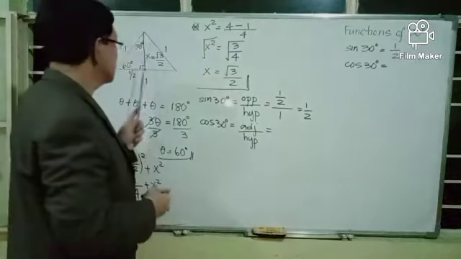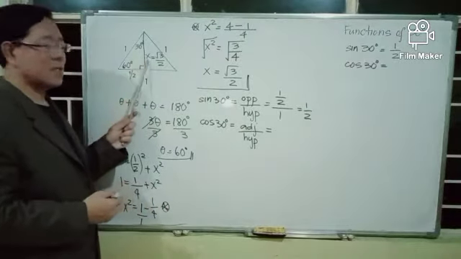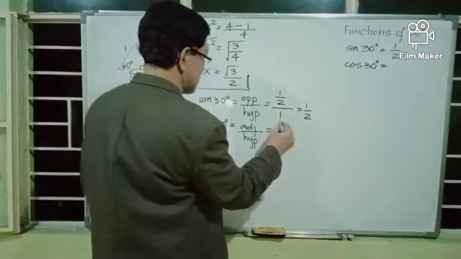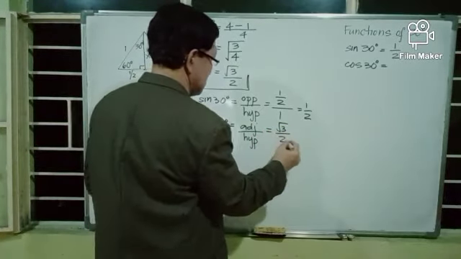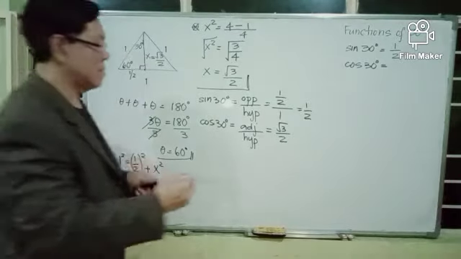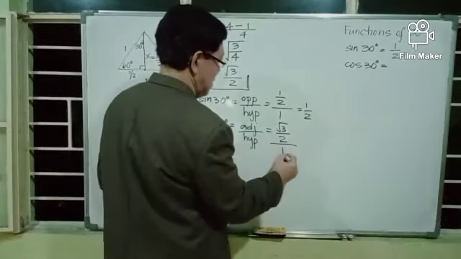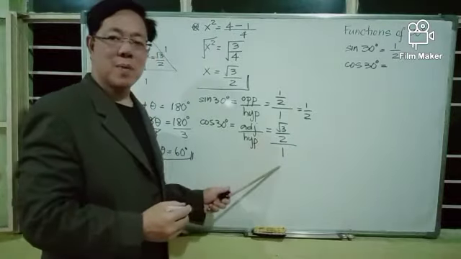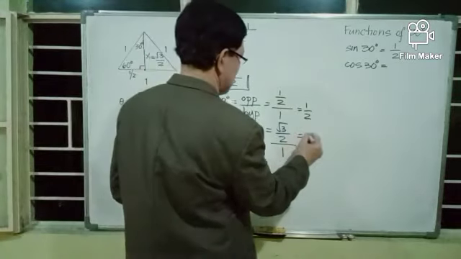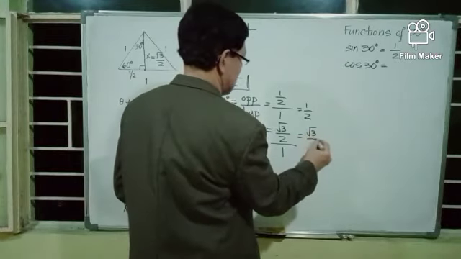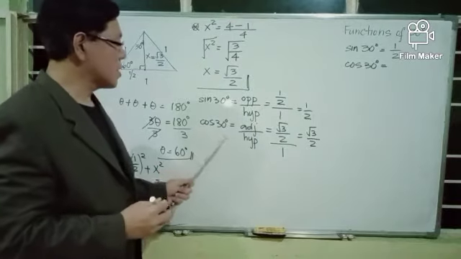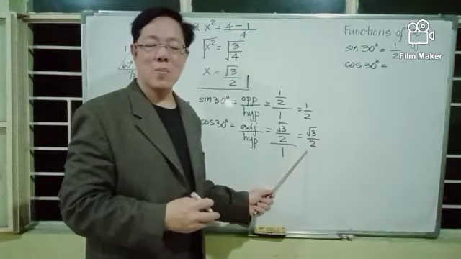Divided by the hypotenuse, which is 1, square root of 3 over 2 divided by 1 equals square root of 3 over 2. Thus, the cosine of 30 degrees is square root of 3 over 2.